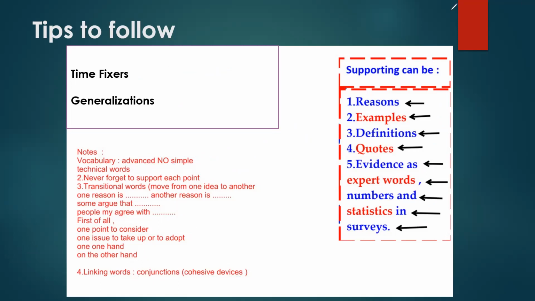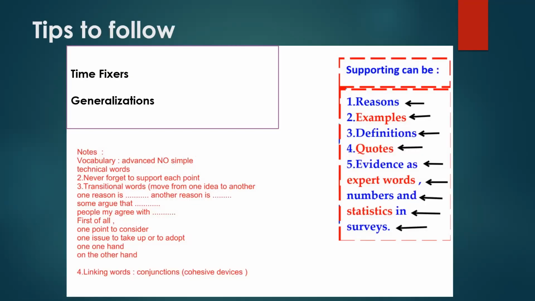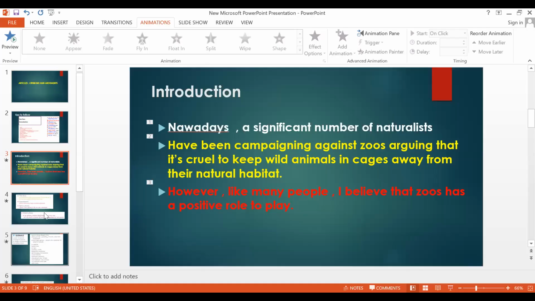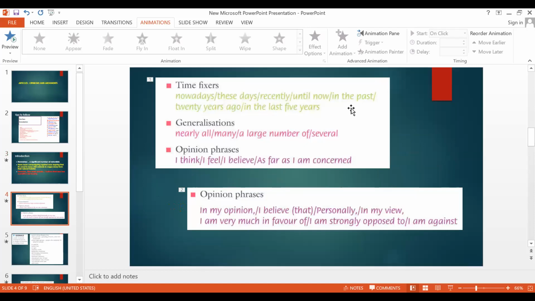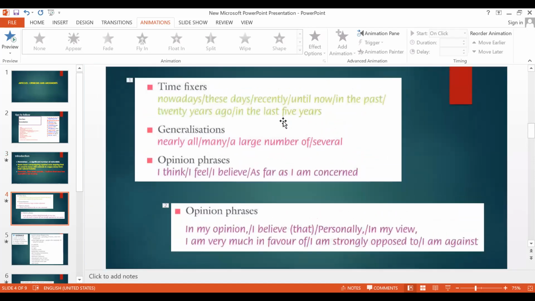Let's go here to the next slide, on which we'll check some of the technical language and what I meant by the time fixers and the generalization. Here is what we mean by time fixers and what we mean by generalization. Read, Mu'adh, what we meant by time fixers.